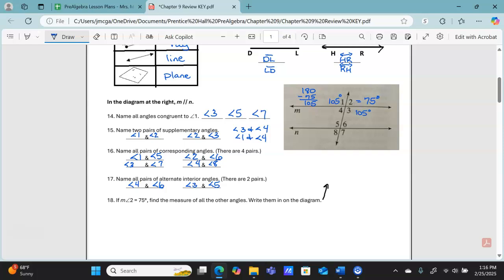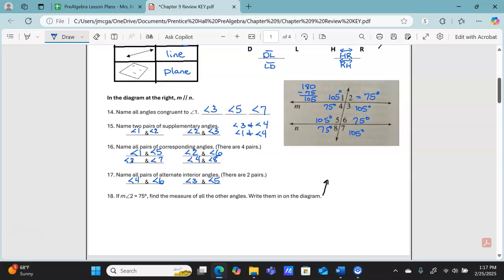If 1 is 105, so is 5 because they're corresponding angles. 2 and 4 are vertical angles, so they're congruent. 5 and 7 are vertical angles, so they're congruent. 2 and 6 are corresponding angles, so they're congruent. And 4 and 8 are corresponding angles, so they're congruent. So there's all of my angles on that diagram.